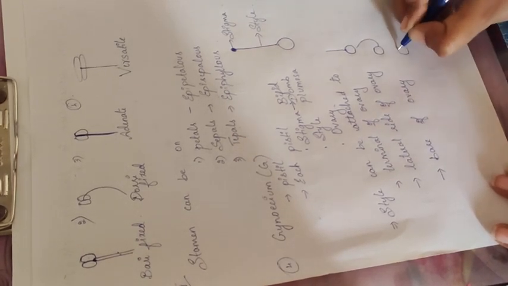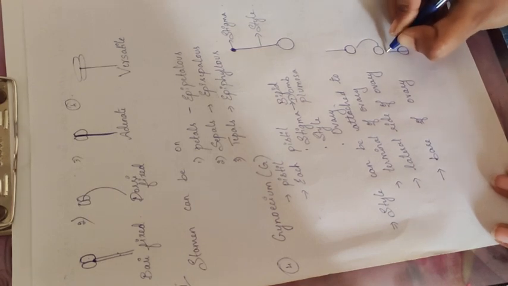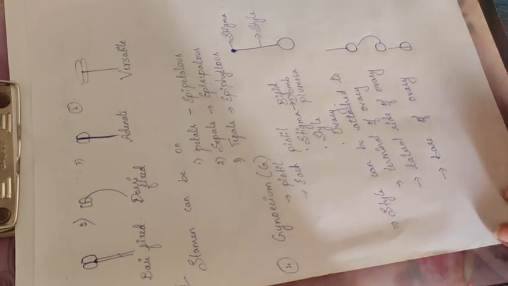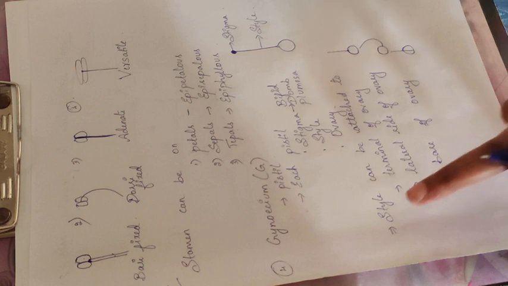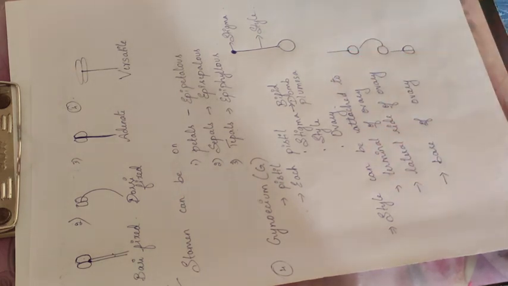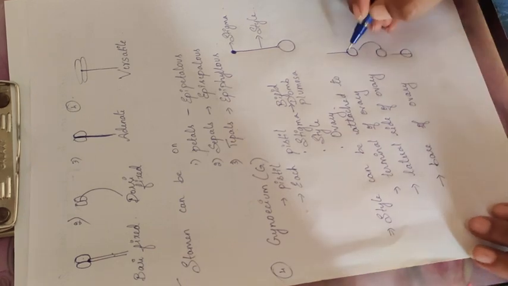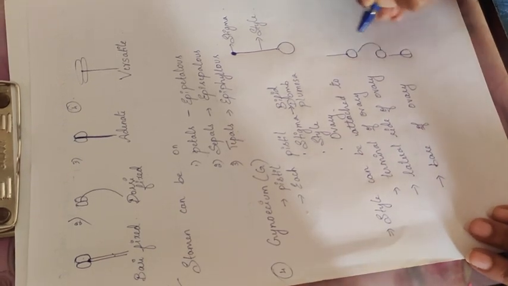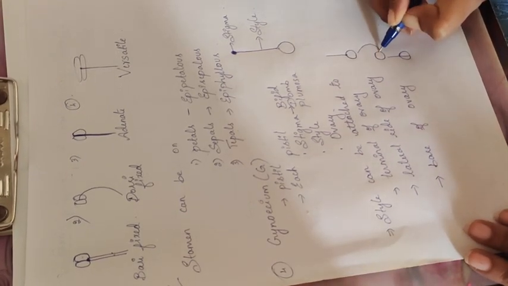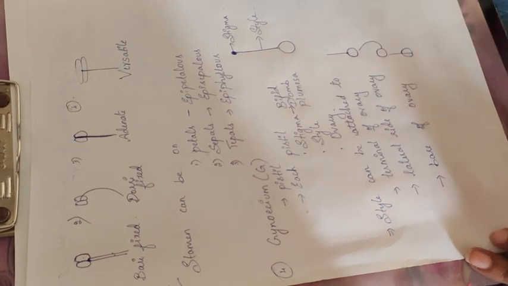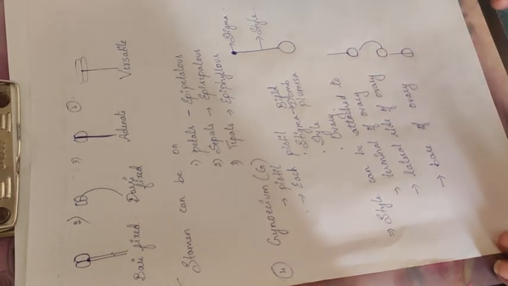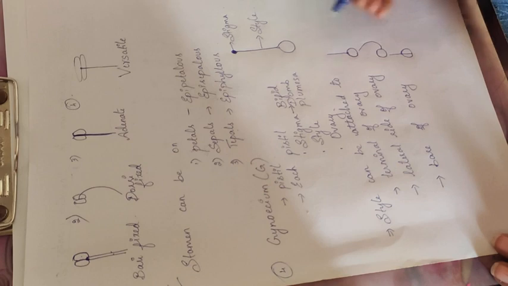This is an ovary. It can be from the base like this. The style can be attached to the ovary in different positions. Either it can attach from the terminal of the ovary, or lateral side of the ovary, or from the base of the ovary. Again, the style here, it can be two types.